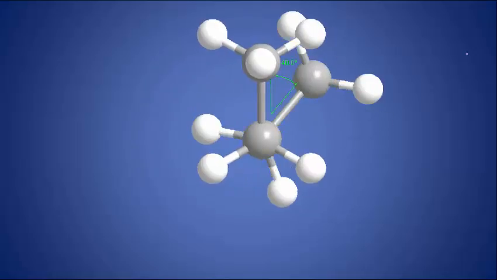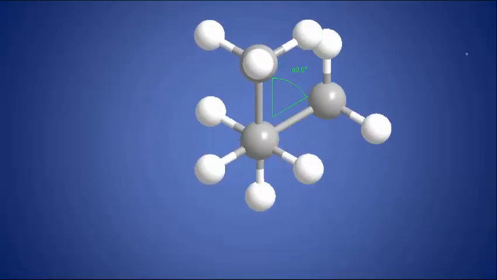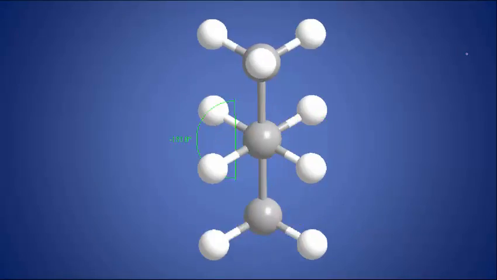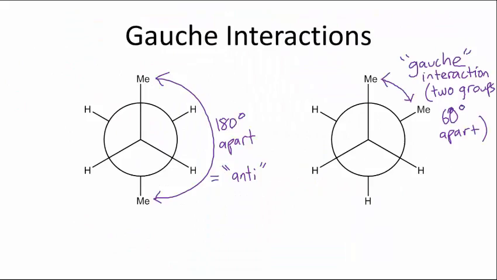Every once in a while it'll swing past that and get over to this other gauche conformation, and then it'll swing back to anti. On the whole, it's going through all the conformations, but it's spending most of its time in the most stable one, and less time in the less stable ones.